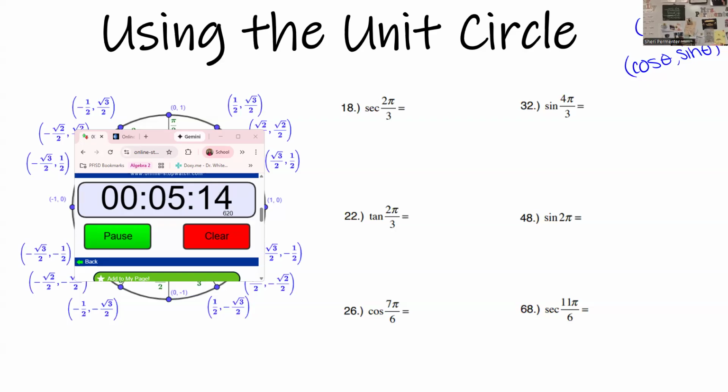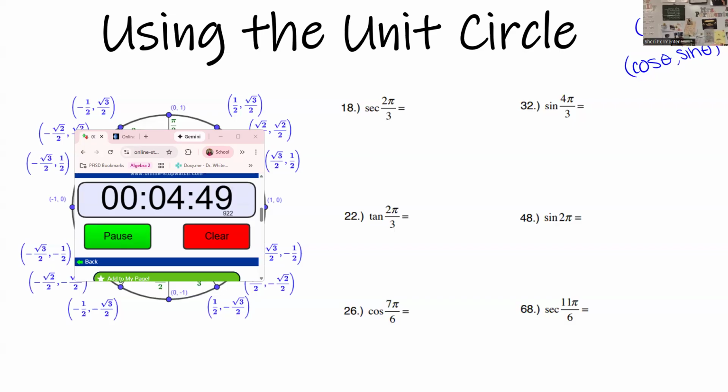Sine goes to the second value. Answer is 1. Tangent of pi over 4, so I go up to pi over 4. Tangent is this over this, well, they're the same, everything over itself is 1. Answer is 1. So if it's tangent, what else? What the heck is cosecant then?